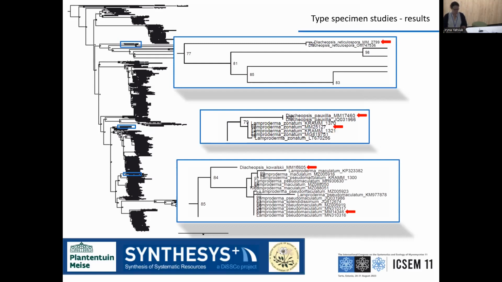And some Lamprodermas can form such malformed specimens. So I was very surprised to see a specimen of Lamproderma acanthosporum without columella and stalk. So when you have a specimen which looks like Diacheopsis, without comparing it to the type sequences, you can never be sure if you have a maldeveloped Lamproderma or a real Diacheopsis.